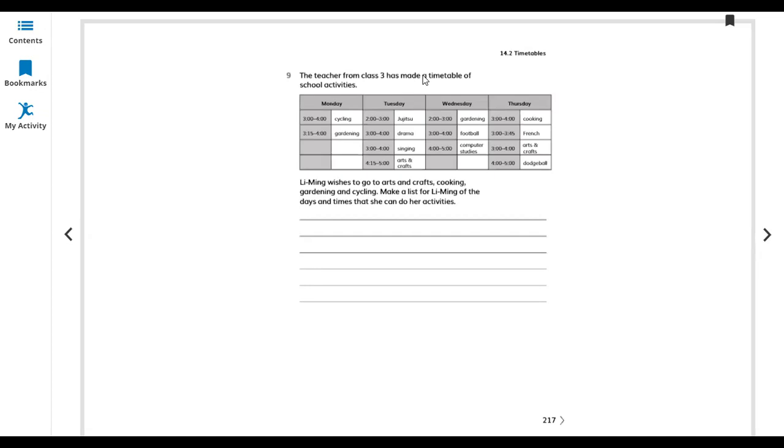So you can start from art and craft. For art and craft, the time is 4:50 to 5 o'clock, on Tuesday.